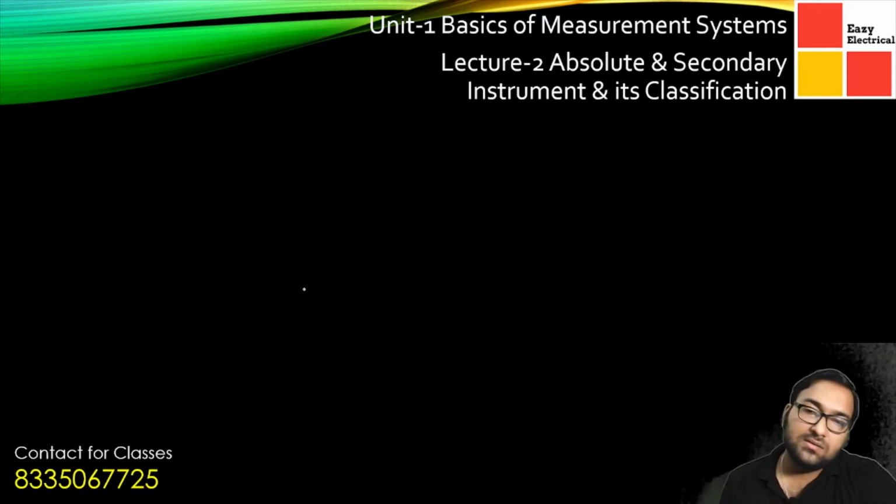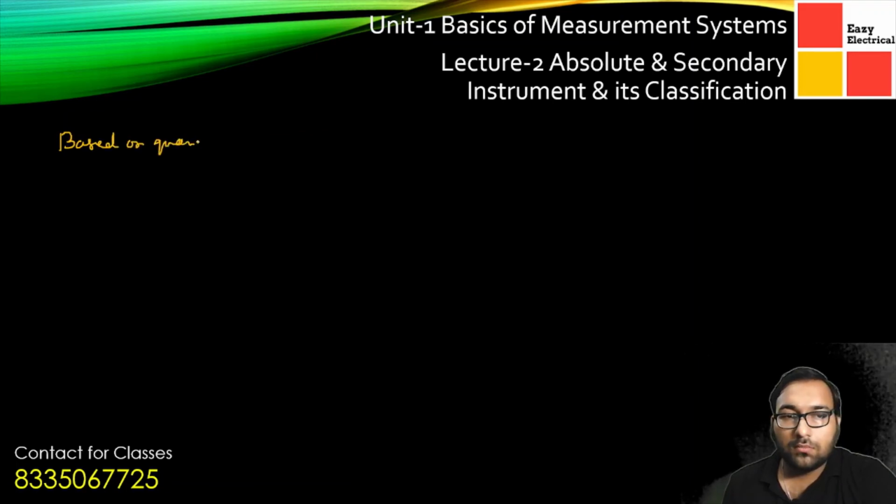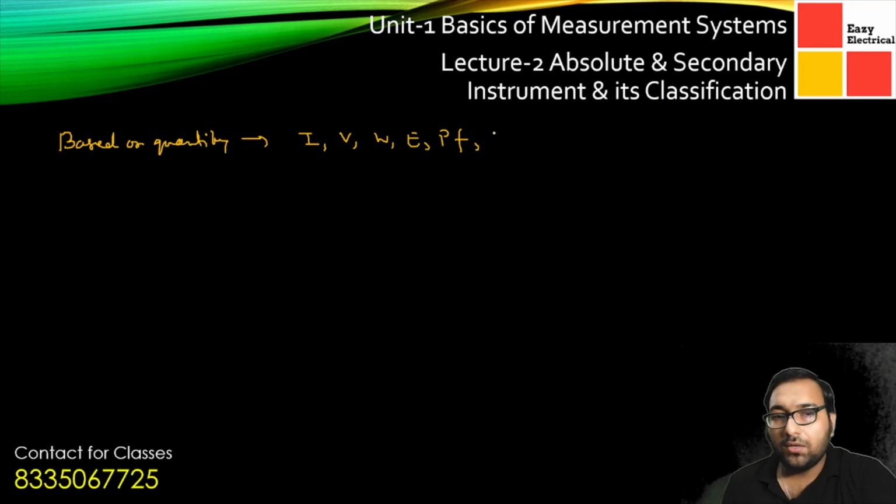Now if I just want to assimilate everything, based on quantity we had classified as ammeter, voltmeter, wattmeter, energy meter, power factor meter. You can have frequency meter as well, you can have Q meter as well.